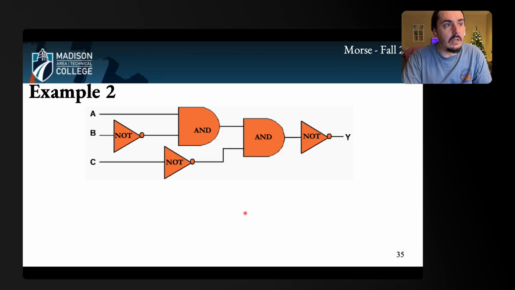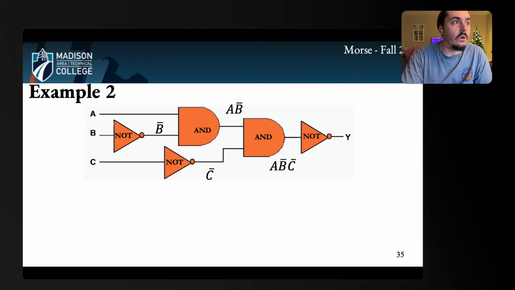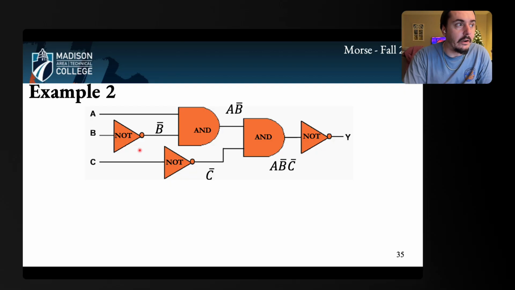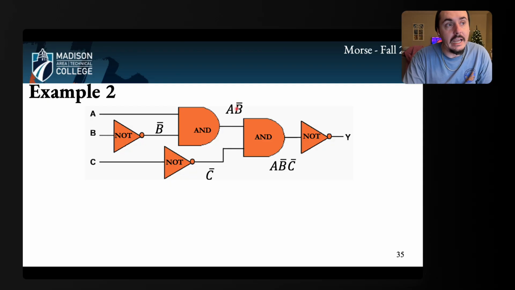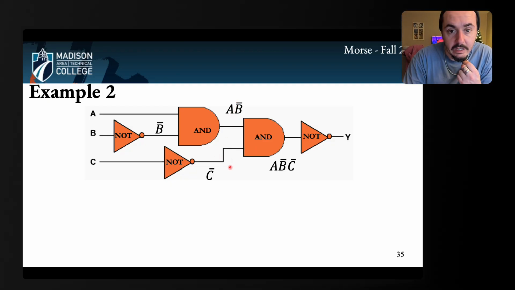Then we start to label the intermediate quantities that go into each of these other gates downstream from the immediate inputs. So B goes into a NOT gate, I get B bar. C goes into a NOT gate, I get C bar. A goes into this AND gate with B bar, so I get A times B bar. And then that goes into this AND gate with C bar.